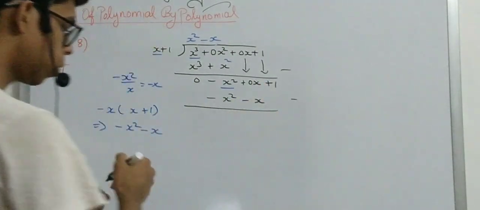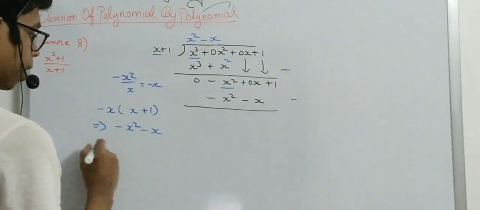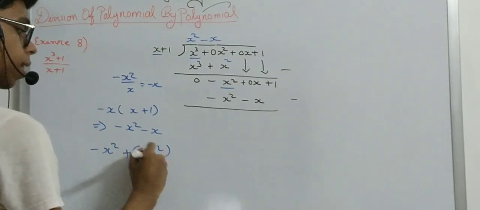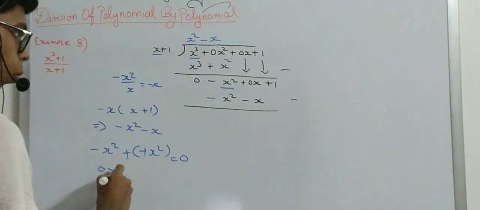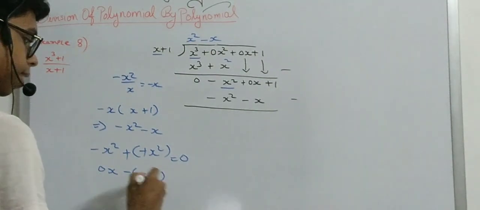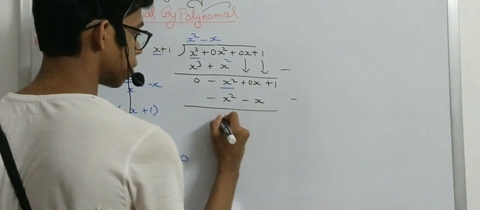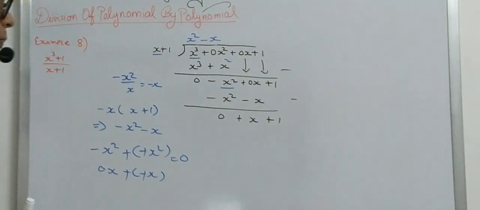Okay, then you have to subtract it again. So minus x square minus of minus x square. These two become positive. So you will get 0. Then 0x minus of minus x. So these two become positive and you will be getting plus x. Okay, so this is 0 plus x plus 1. Okay, now what should you do?